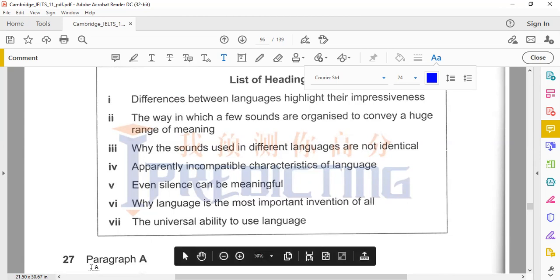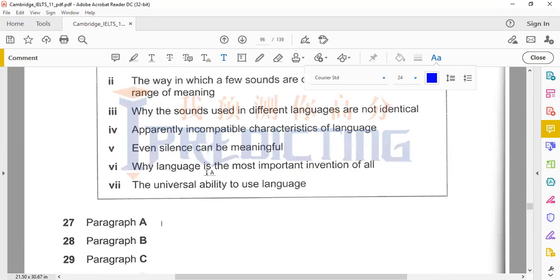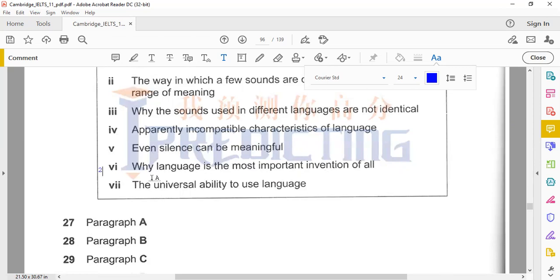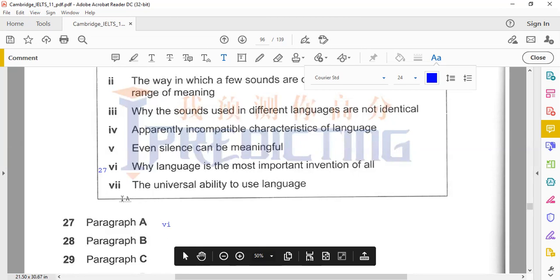So you better read paragraph A first, and then you come to see which one is matching to A. And to this we have, let's see, 6: why language is the most important invention of all. So this relates to 27, paragraph A, and the answer is right here. Okay, so question 27, answer 6.